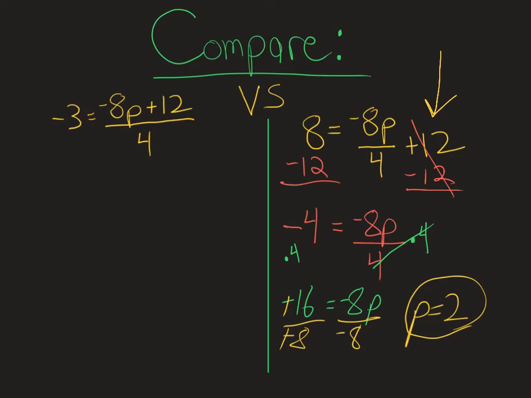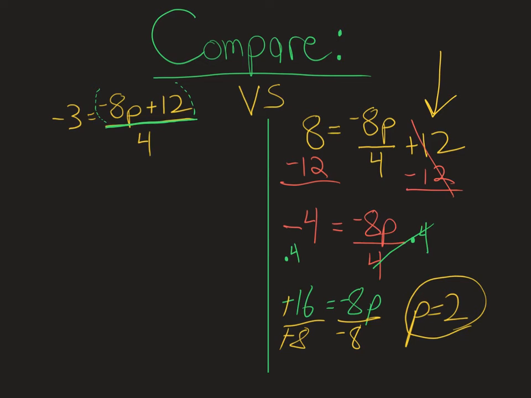It'll mess things up. The reason for that is because the fraction bar extends under that plus 12. That fraction bar is under everything, all those terms that are on the top. They're all included. Another way to say that is, it's as if we have invisible parentheses grouping everything on top of that division bar.